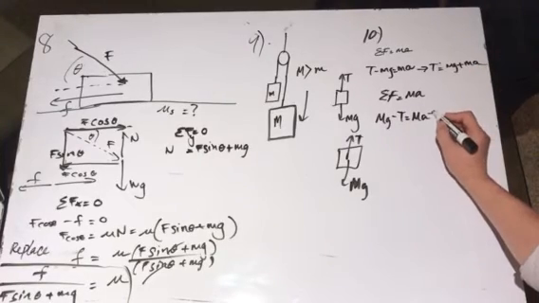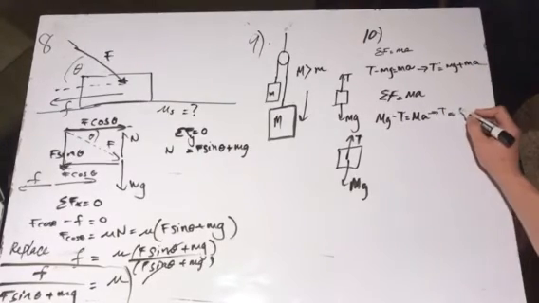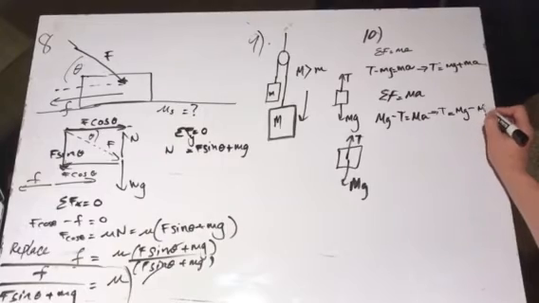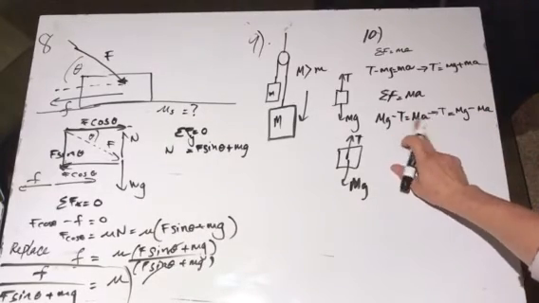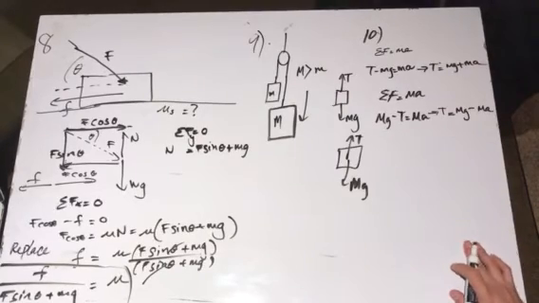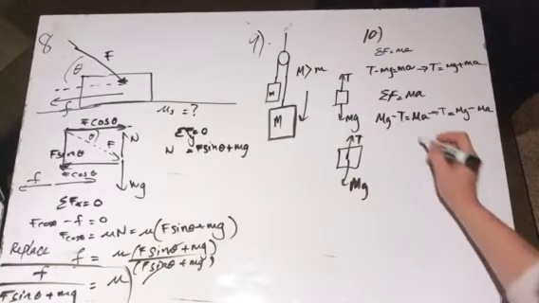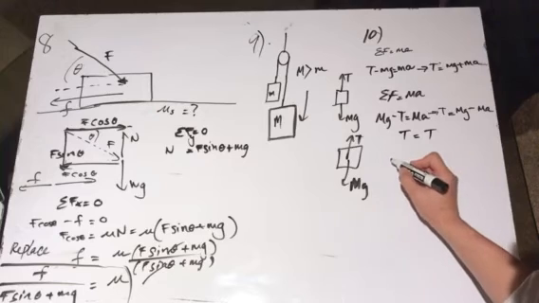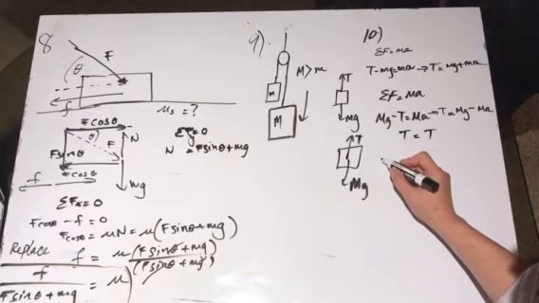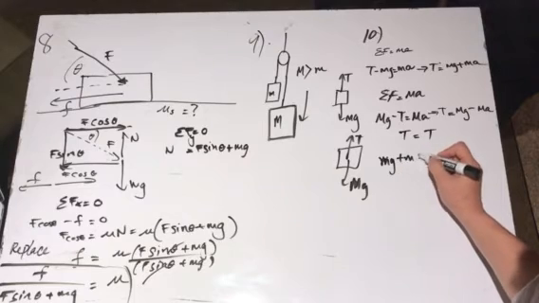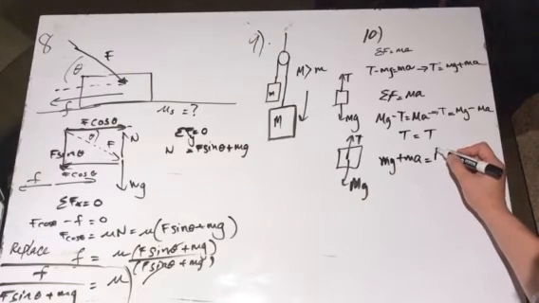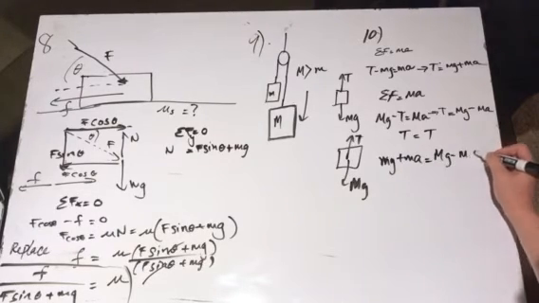Same thing, T is equal to Mg minus Ma. I put this one on the right and I subtract that from there. And now I set T equal to T. So it will be small mg plus ma is equal to Mg minus Ma.